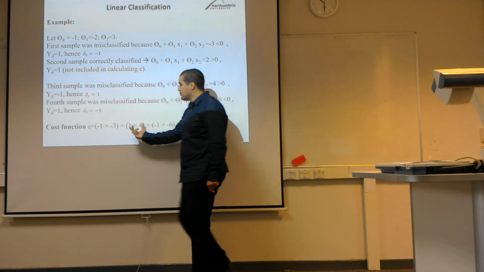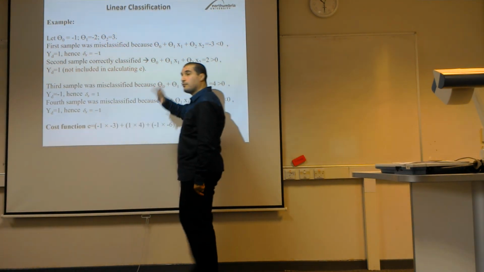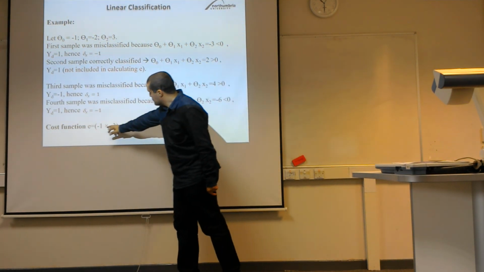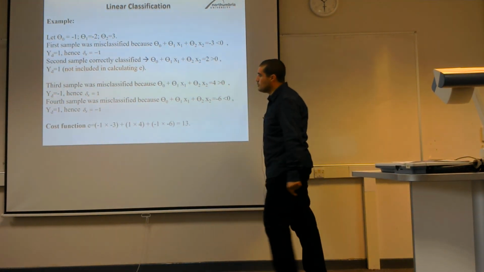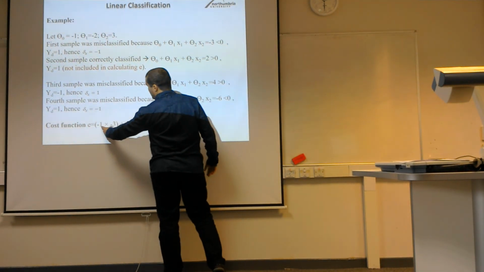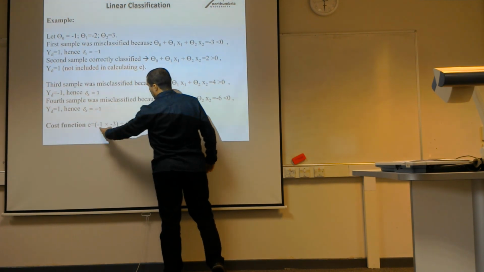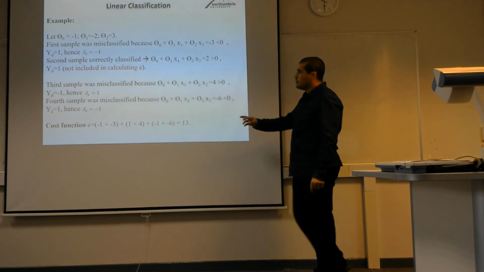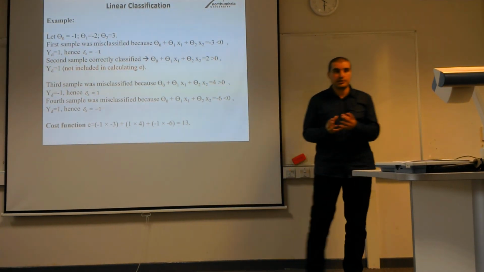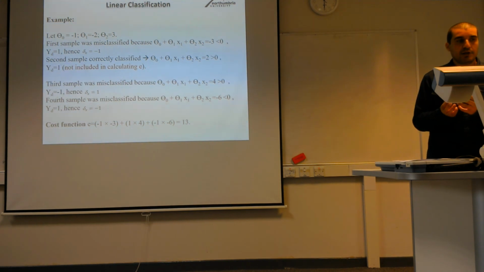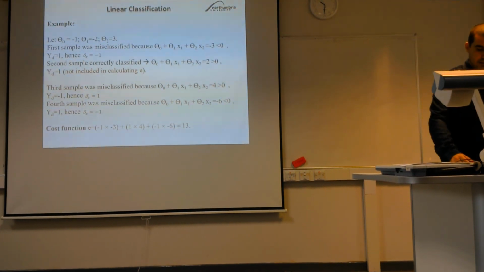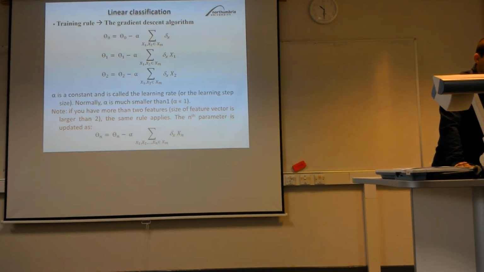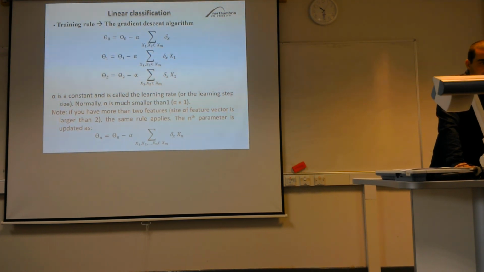To calculate the classification error from the 4 samples, we get minus 1 multiplied by minus 3, where minus 1 corresponds to delta x. And the second one, 1 multiplied by 4. So in total it will be 13. That's the cost function, which is the classification error, that will be used to update the parameters of the system.